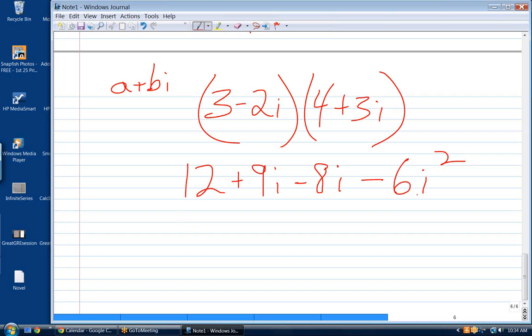Okay. So i squared is what? Negative 1. Okay. 12 minus i plus plus 6, because we got a plus 9 and a minus 8, and then plus 6, which is in a plus bi format. What is that? 18 plus i.